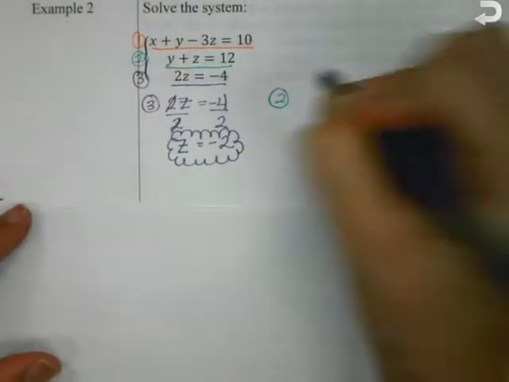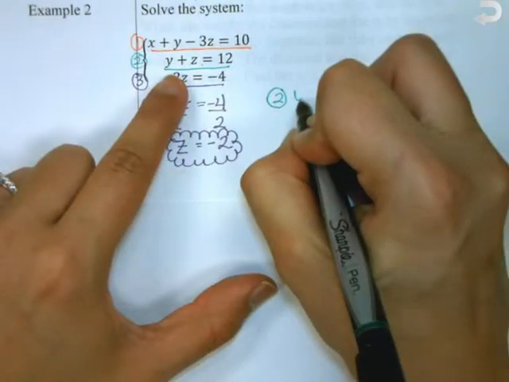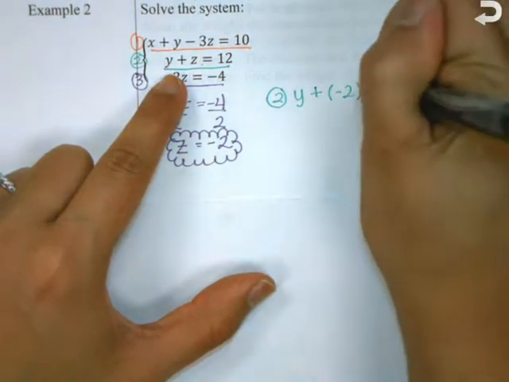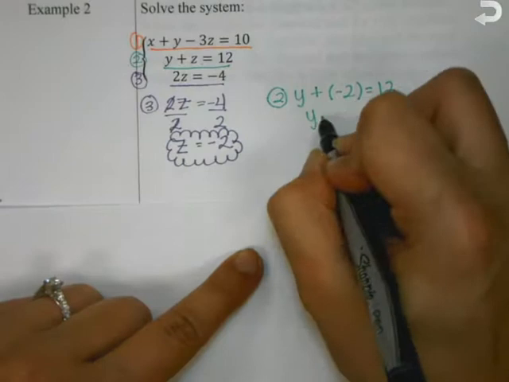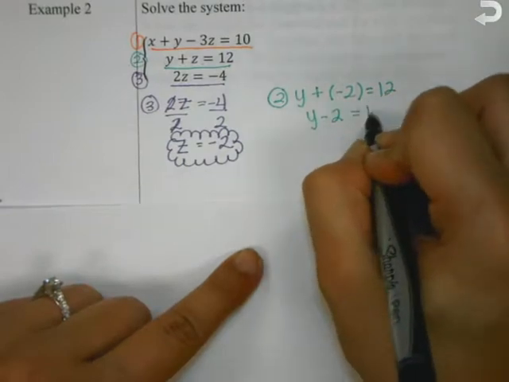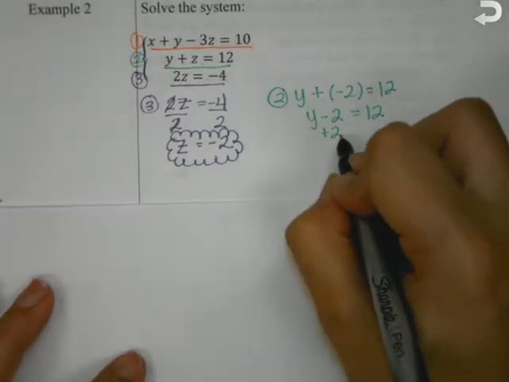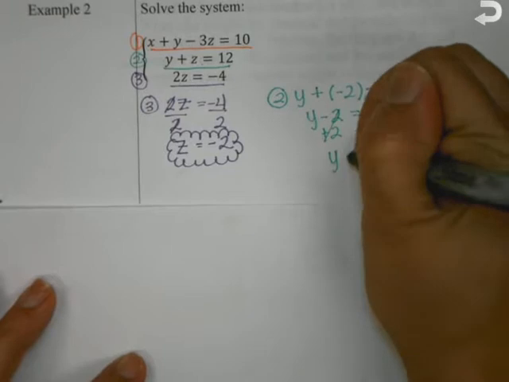So this is y plus negative 2 equals 12. We can rewrite it as y minus 2 equals 12. Then to solve for y, I just add 2 to both sides. So what does y equal? 14. Bubble that.